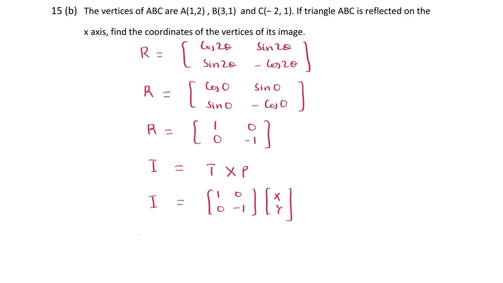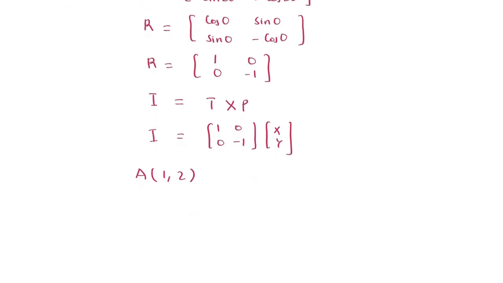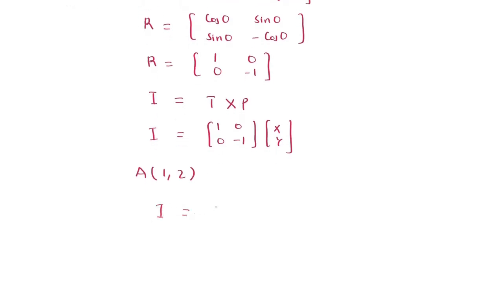Starting with point A (1, 2), the image is going to be [1, 0; 0, -1] times [1, 2].